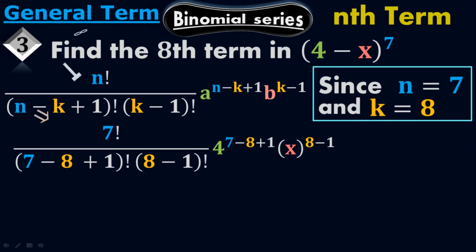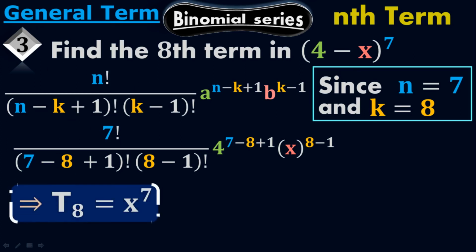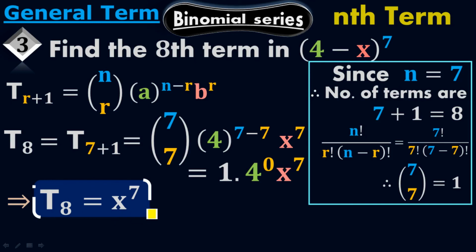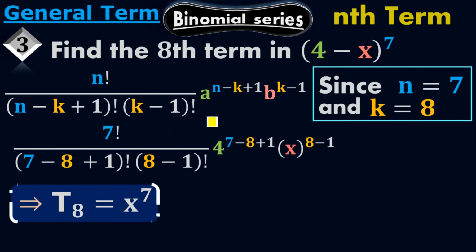Simplify it further. At the end you will get the 8th term equals x to the 7. So we got the same thing, t sub 8 equals x to the 7, which we achieved by going through the earlier process. Whether you use that process or this direct way is absolutely up to you. But I think it is better to go for this way.